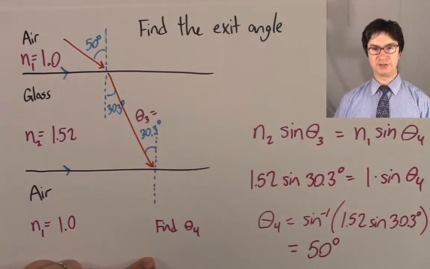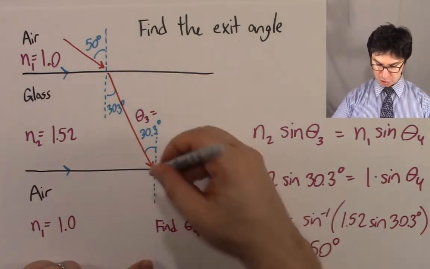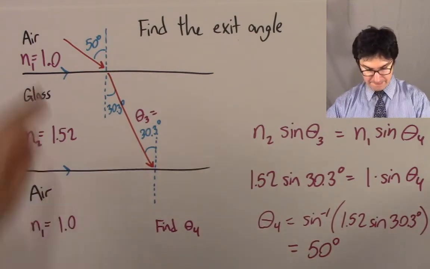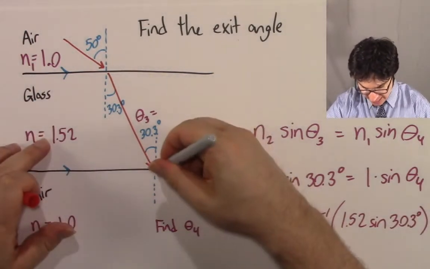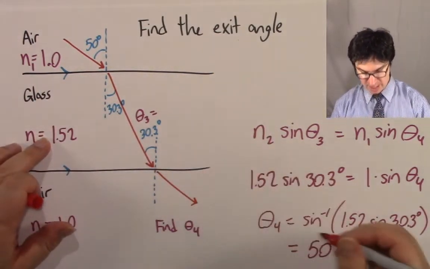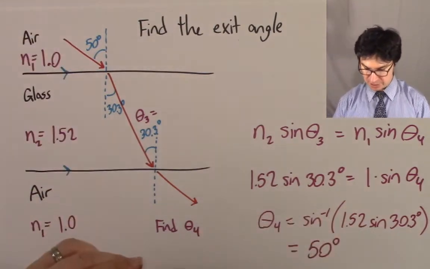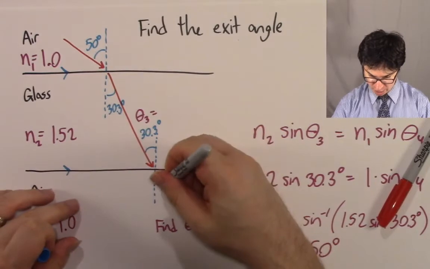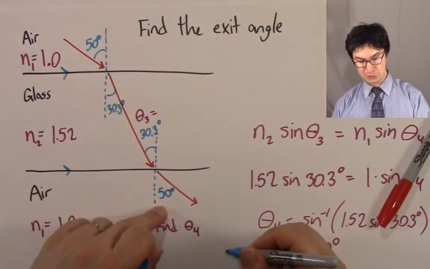Exactly 50 degrees. So it bends in such a way that it matches the angle that it first came in at. It came in at 50 degrees up here, didn't it? And when it passed through back into the air, it was also 50 degrees.